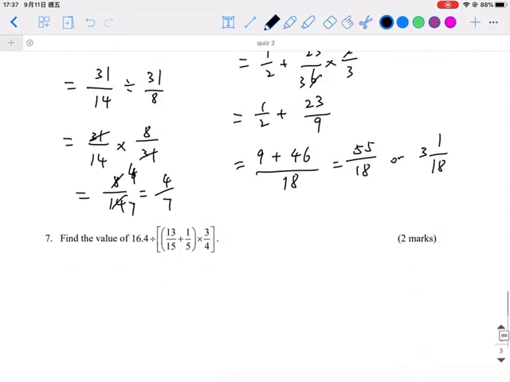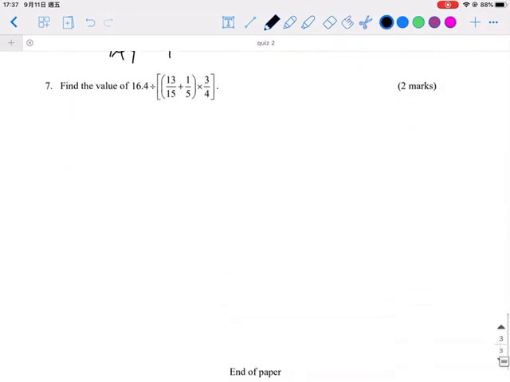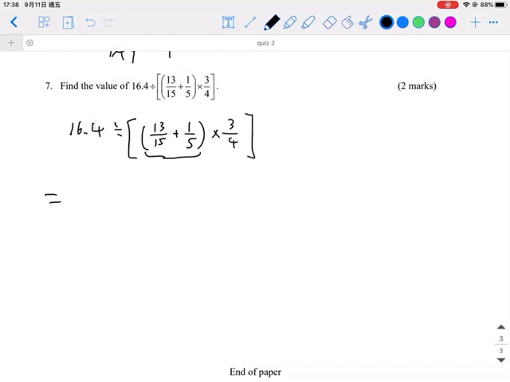Okay. So for the last question of the quiz, remember, try to calculate the innermost bracket first, okay? So plus 1 over 5 times 3 over 4. So first of all, I must do the inner bracket, so that should equal 15 over 13 plus 3.